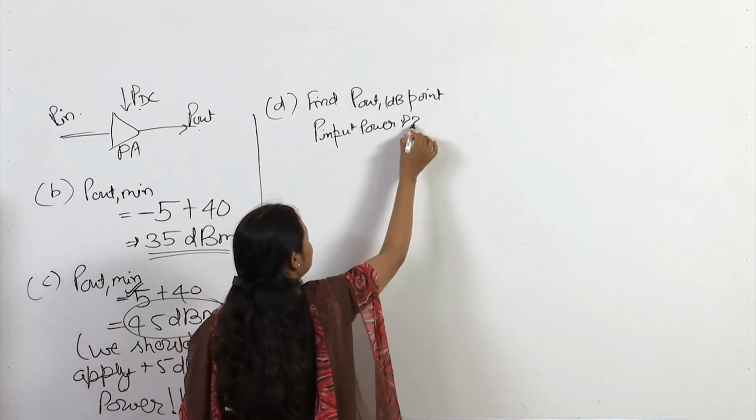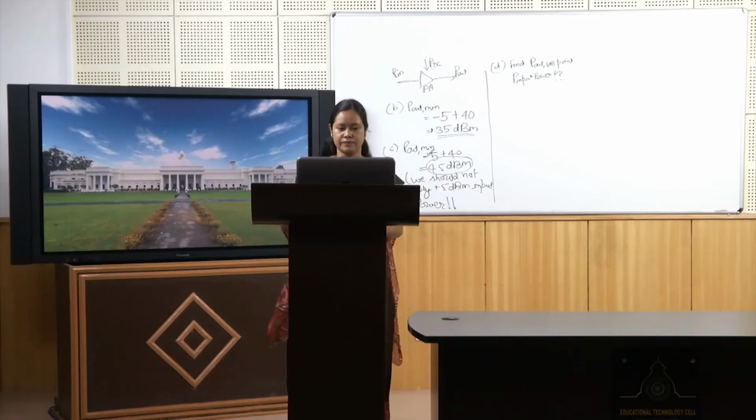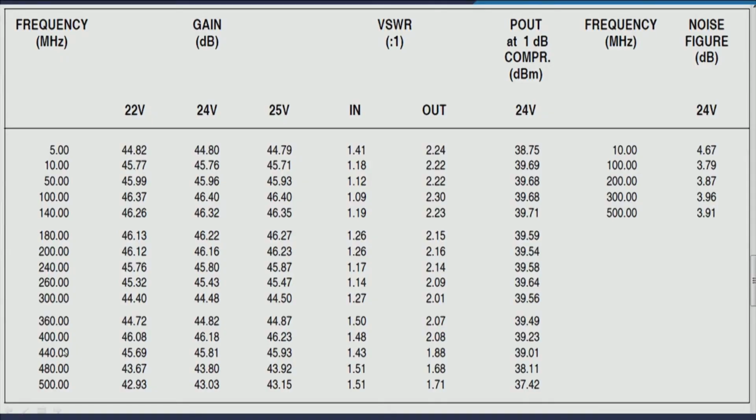Okay, so first of all let's read the output 1 dB power at 400 megahertz. If we look at this list, at 400 megahertz the output at 1 dB compression is clearly given. As we had seen earlier, 24 volt is its typical applied voltage. Other than that, it can work at 22 volt also and 25 volt also, or in between also, but 24 volt is the given value.